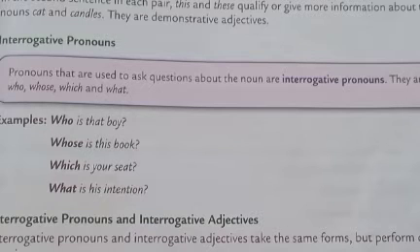And if we are giving more information or asking more about anything, like in which umbrella do you want to buy, that becomes an interrogative adjective. In the first sentence, which refers to the noun umbrella, and in the second sentence, which umbrella, we are asking more information about the noun umbrella.